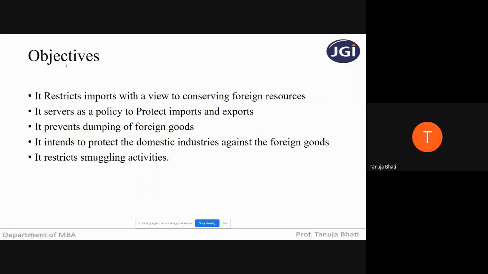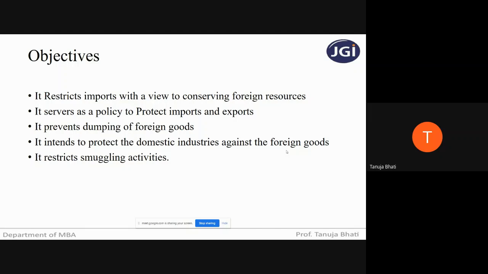That is one more objective why the government has brought custom duty into the picture, in order to prevent the dumping of foreign goods. Next, it intends to protect the domestic industries against the foreign goods. This again I'm telling students, because if people majorly start importing, what will happen to the domestic industries? What will happen to them? They will vanish. They will have no market, since all the market is from outside India.